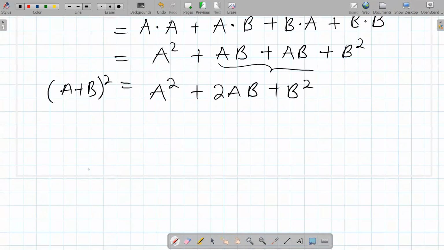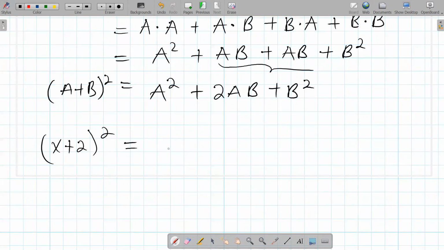So if I'm using that as an example, then pretty much I will have something like this. Say x plus 2 all squared. That's an example, right?